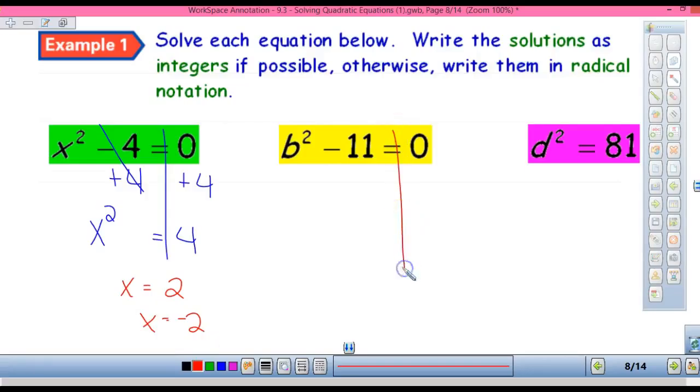All right, first step here. So b squared equals 11. Okay, we're not going to write these in radical notation right now. We are going to round to the nearest hundredth.